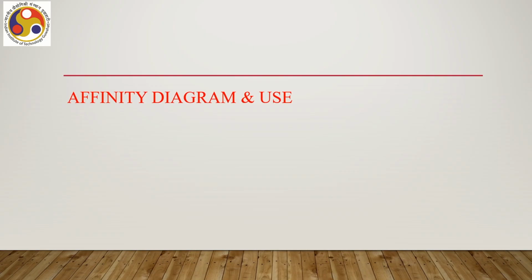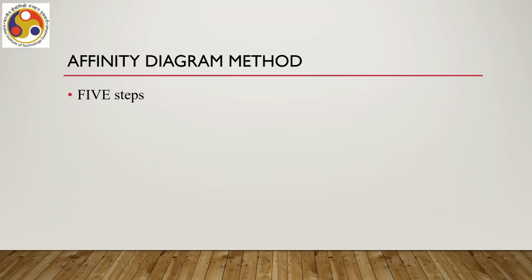So, let us have a quick look at the affinity diagram method, what it is and how it can be used. This is essentially a method to analyze the data collected through contextual inquiry. It comprises 5 steps.